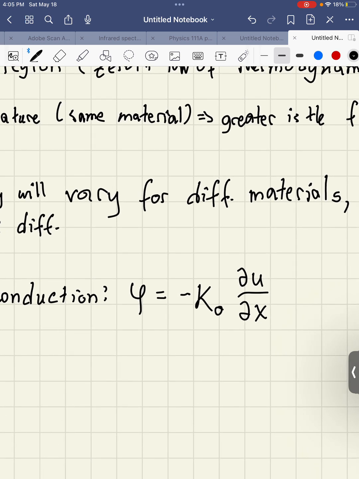Since K naught depends on the type of material, different materials conduct heat differently. So the larger our K naught, the greater the flow of heat energy with the same temperature difference. Materials with a low K naught value are poor conductors of heat energy.